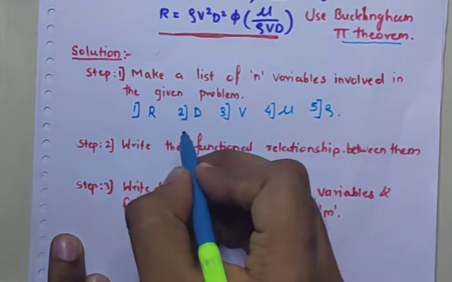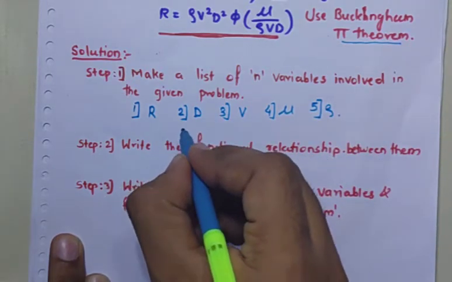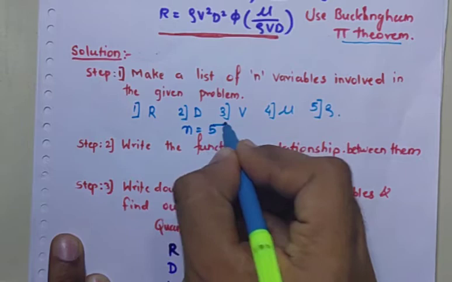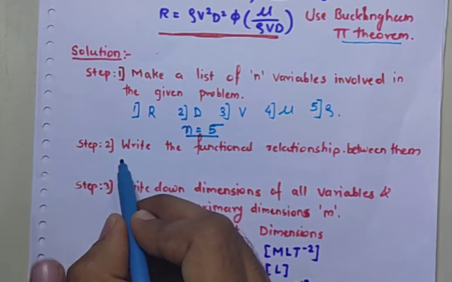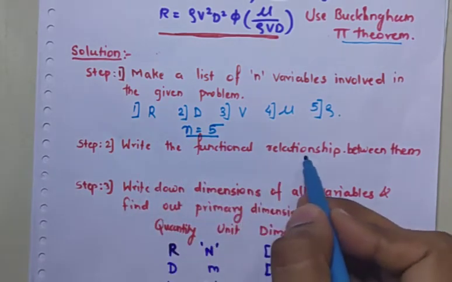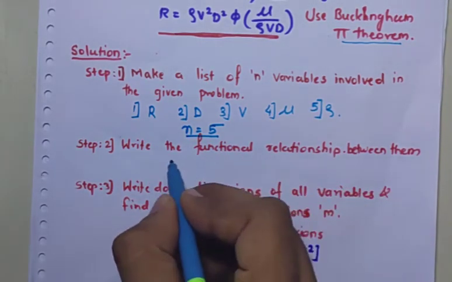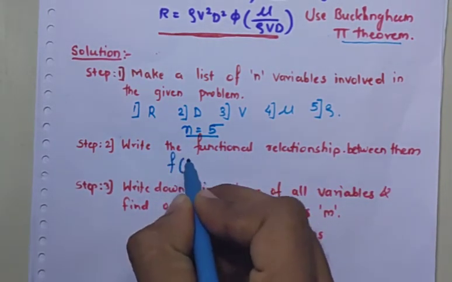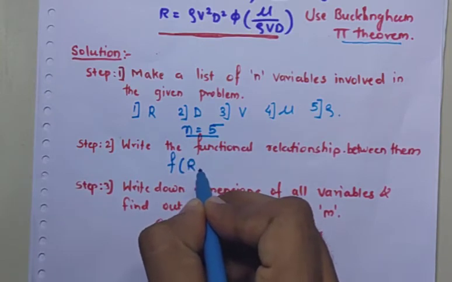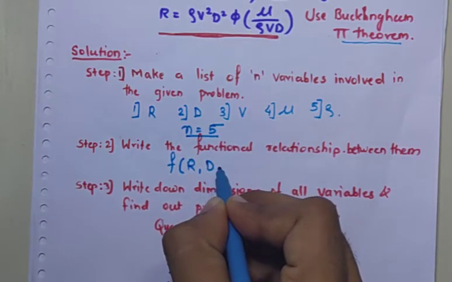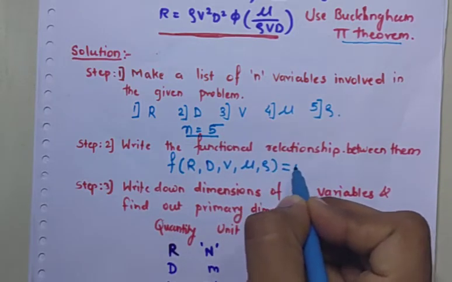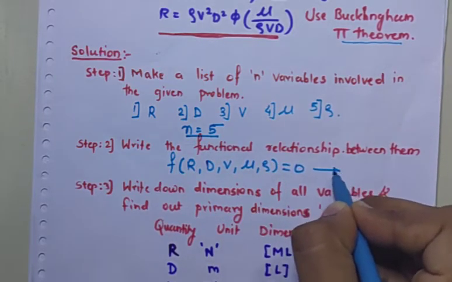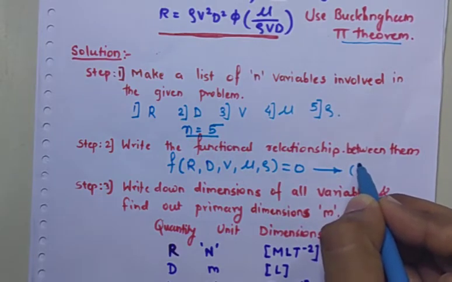So total 5 variables are present, so n is equal to 5. Now the second step is to write the functional relationship between them. So the functional relationship is function of R, d, v, mu, rho is equal to 0. Call this equation 1.